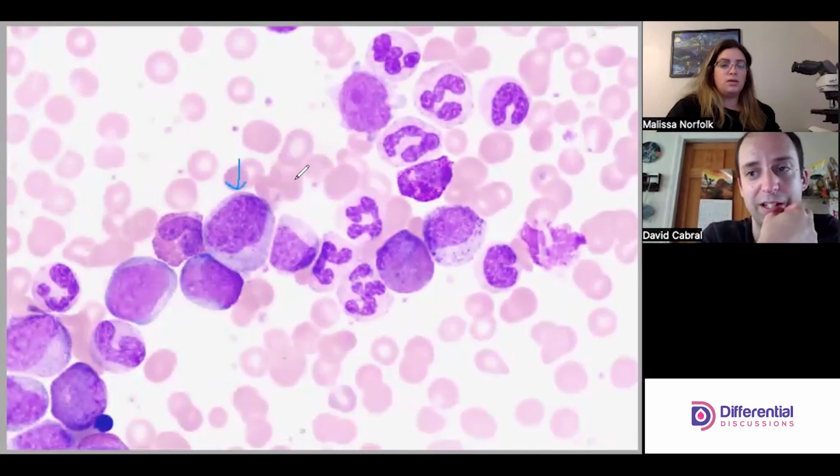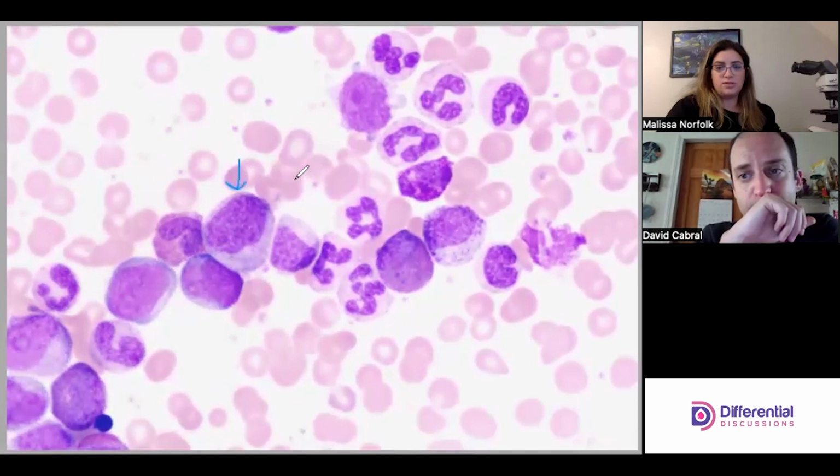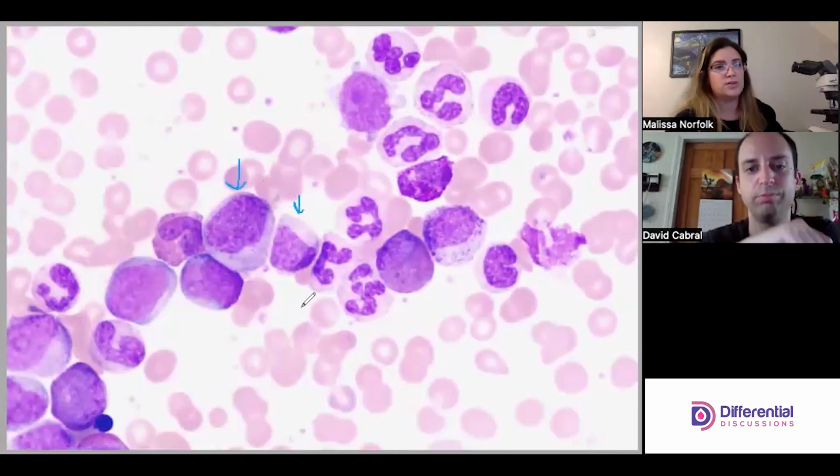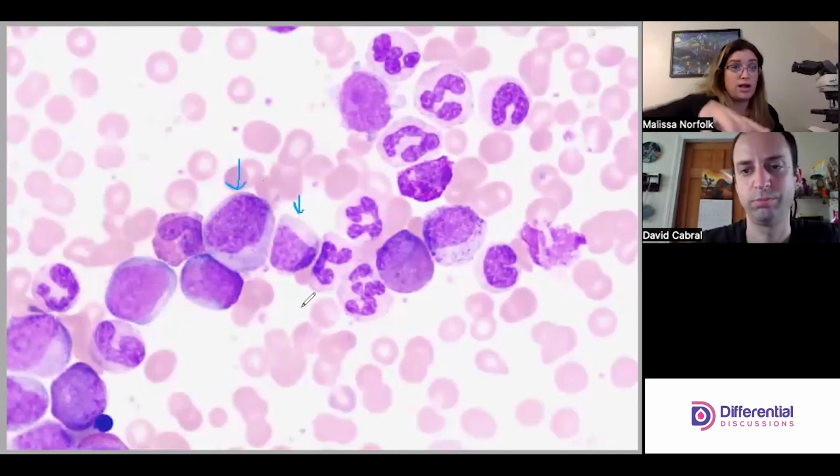And again, we were talking about myelos going through mitosis. This feels like a larger myelocyte to me because this patient's myelocytes are more like this size. Seeing a big one like this feels like he's getting ready to go through mitosis. The nucleus isn't as primed as the other one we saw, but it definitely looks like a bigger one.